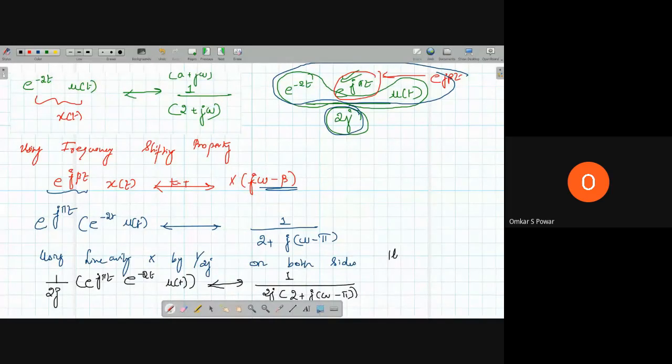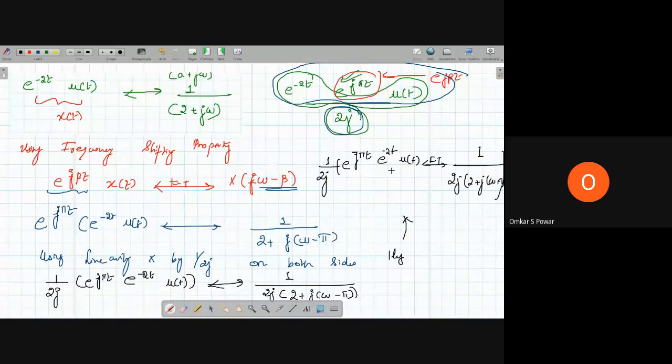Similarly, for 1 by 2j e power minus j pi t into e power minus 2t u of t, the Fourier transform is 1 divided by 2j, divided by 2 plus j into omega plus pi. Just replace minus pi by plus pi.